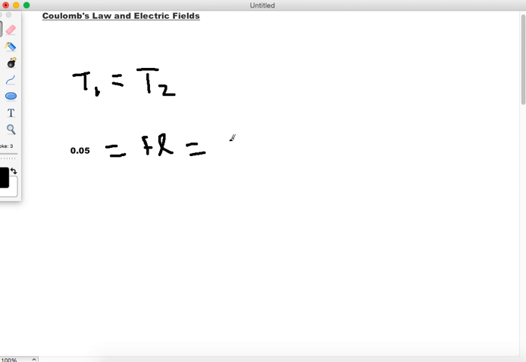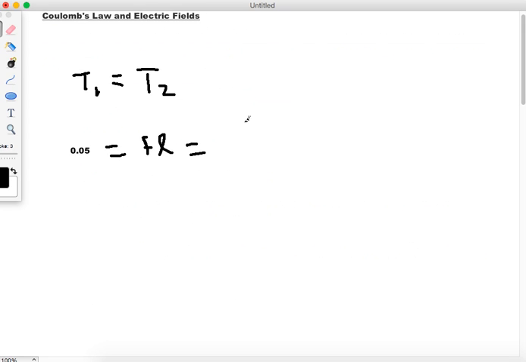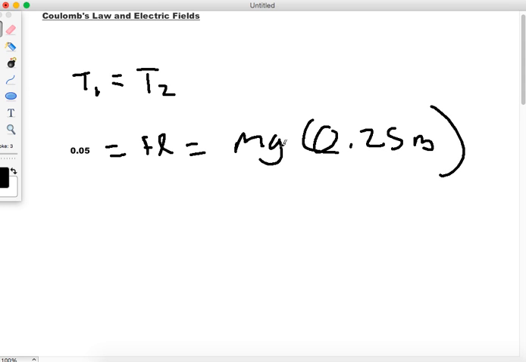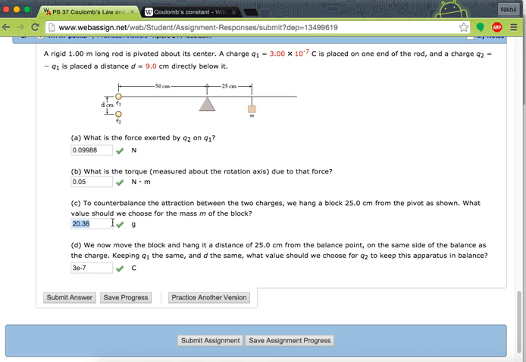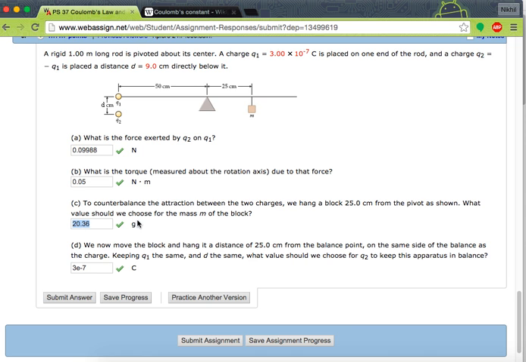The only force on it is the force of gravity, so mg times its distance, which in this problem is 0.25 meters. Solve for m and you will get it in kilograms. Then you'll have to convert to grams.